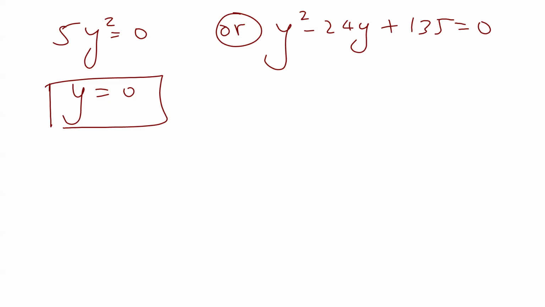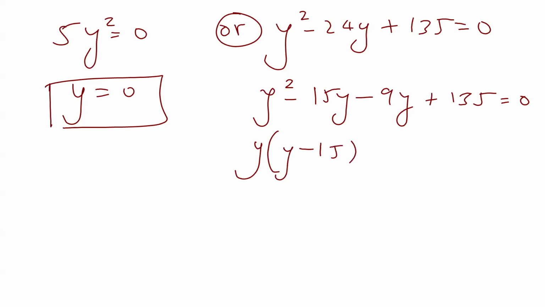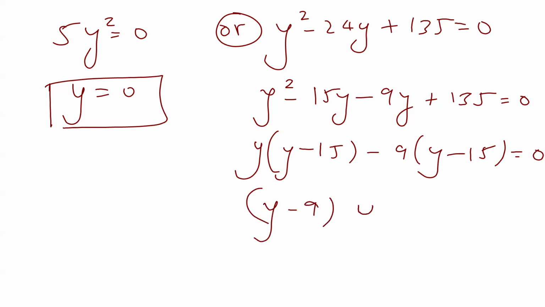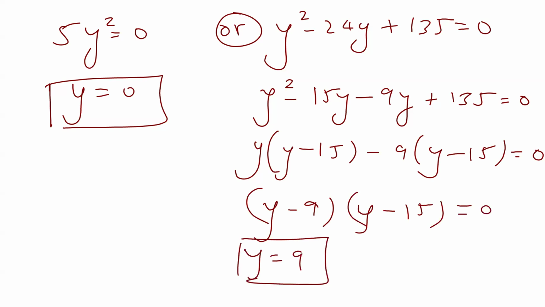So 15 into 9 is 135. Y minus 9, y minus 15 is equal to 0. So y equal to 9 or y equal to 15.